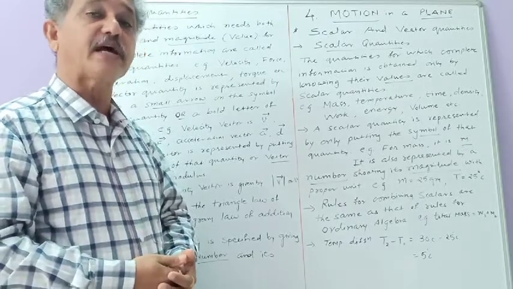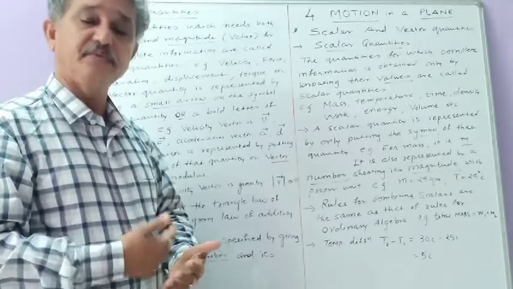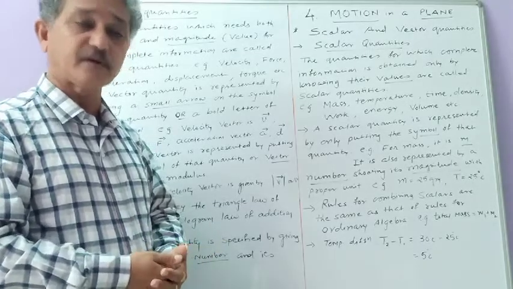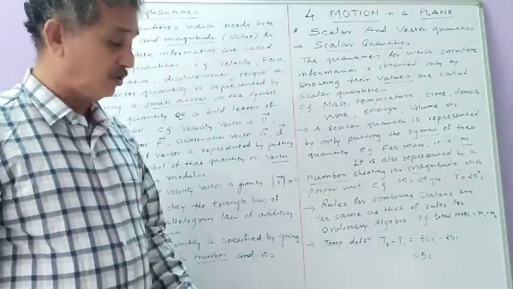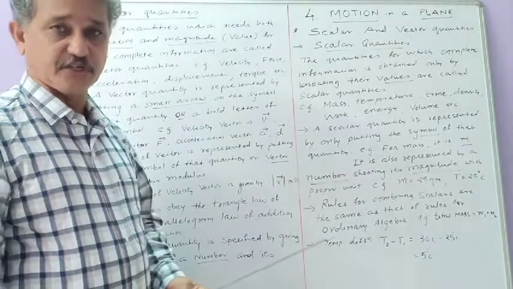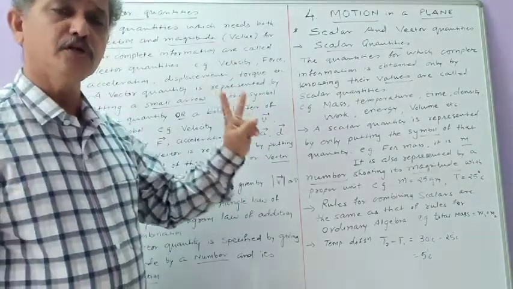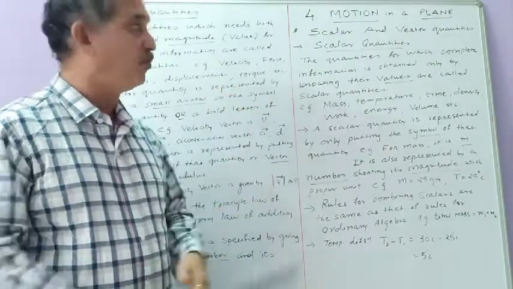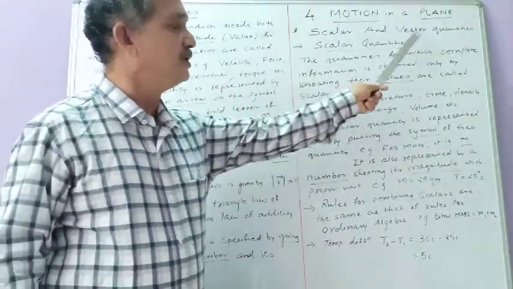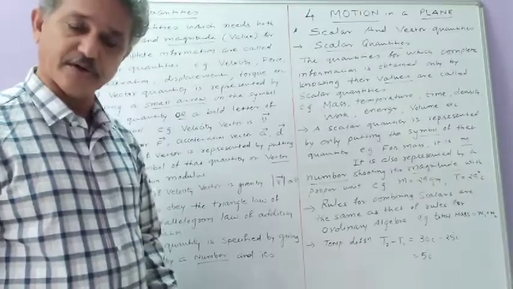Without vector, this cannot be explained. That's why in this chapter we have to study about all the physical quantities of physics, which are going to be resolved in two categories. One is known as scalar quantities, another is known as vector quantities.